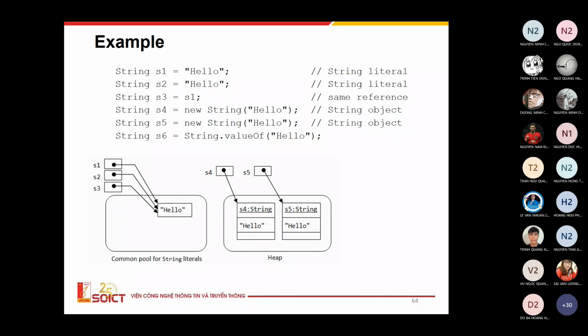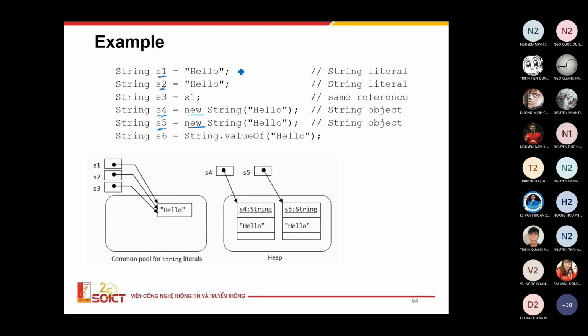And here again I will introduce to you a very special feature of the String. For example, here you see I have two ways to initialize the string. So what is the difference between them?